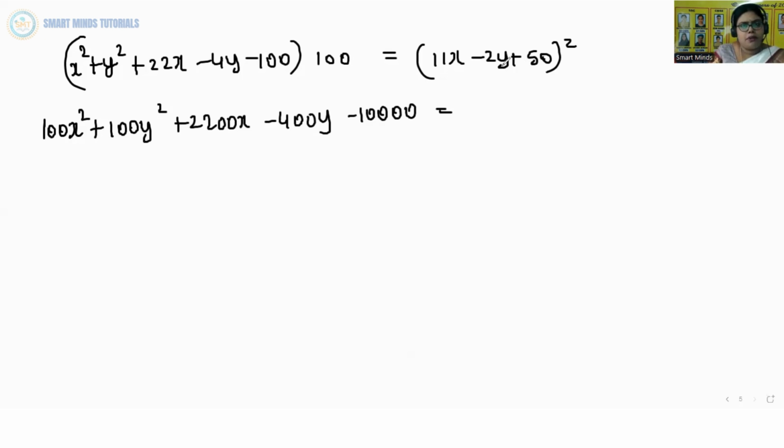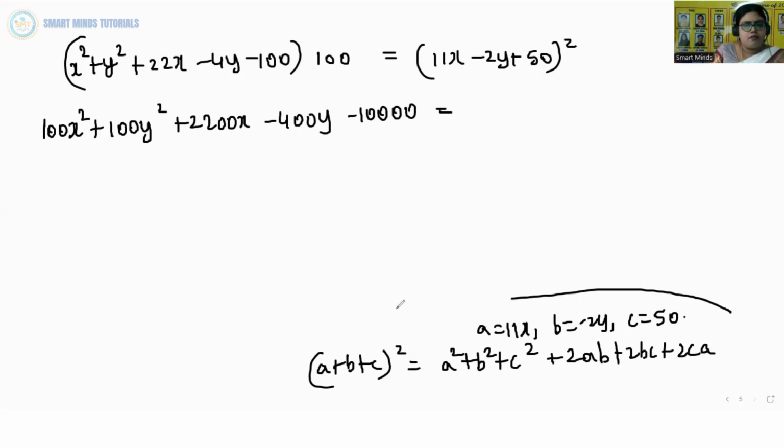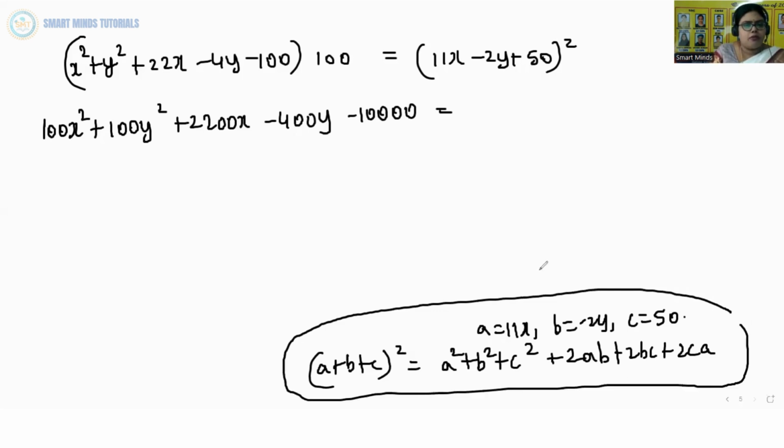Now here I apply a plus b plus c whole square formula. So over here a is 11x, b is minus 2y and c is 50. And we use a plus b plus c whole square formula. So what is the formula? A square plus b square plus c square plus 2ab plus 2bc plus 2ca. This is the formula we are going to apply now.